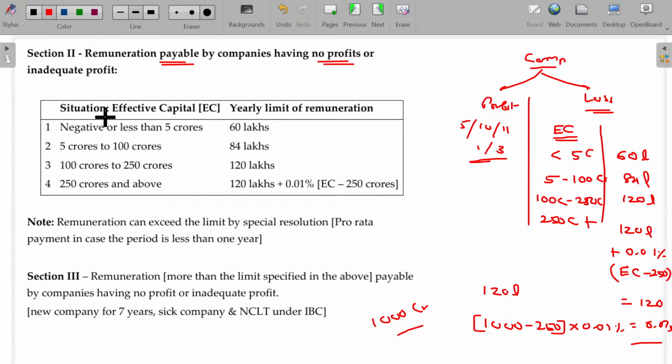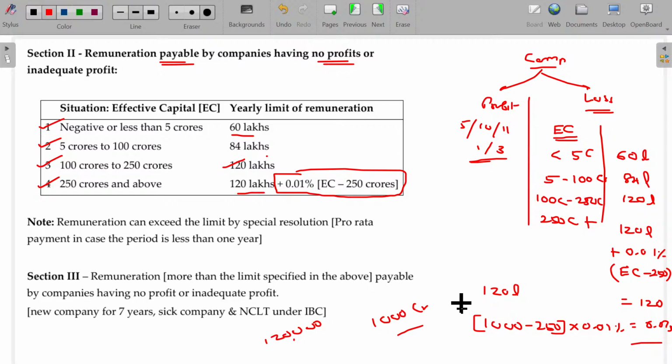So, effective capital negative or less, 60 lakhs will be the maximum remuneration. Anywhere between 5 crores to 100 crores, 84 lakhs; 100 crores to 250 crores, 120 lakhs; 250 crores and above, 120 lakhs plus 0.01% for any excess effective capital over 250 crores. I think this is 120 lakhs.